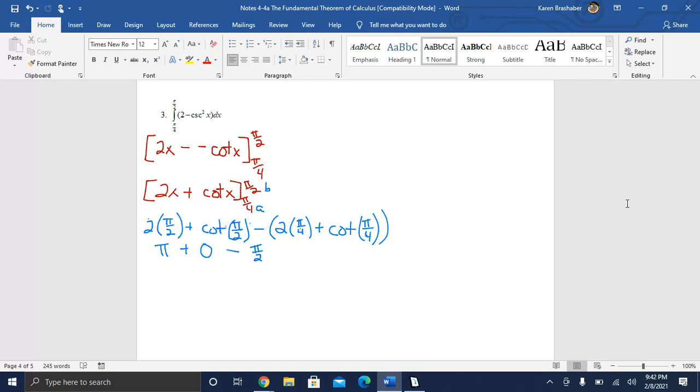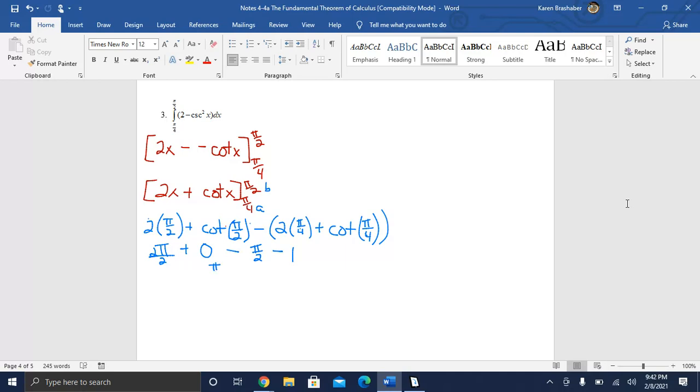And then the minus sign will distribute, and the cotangent of pi over 4, well, your pi over 4 has the matching x and y, square root 2 over 2 over square root 2 over 2, which would be a 1. And so when you combine, you can get a common denominator with your pi being 2 pi over 2 minus the pi over 2.